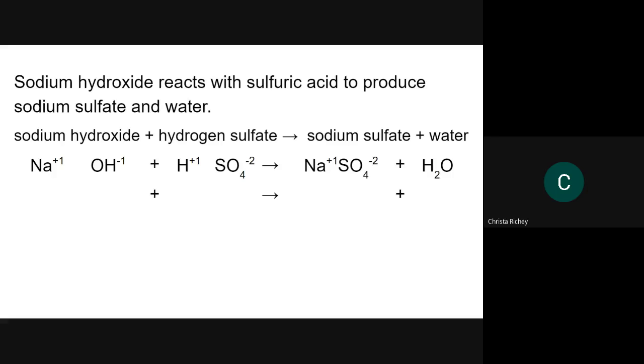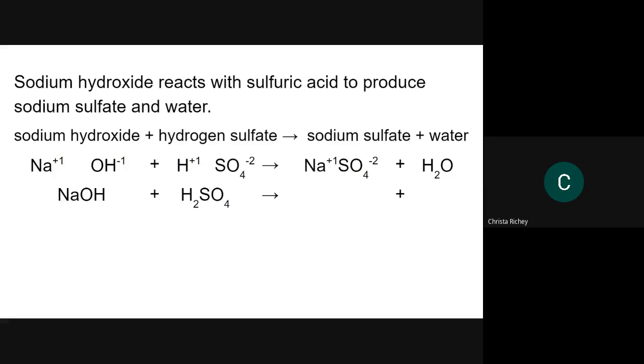Okay, build sodium hydroxide. Does it already add to 0? It is NaOH. Now the sulfuric acid, which I turned around and named hydrogen sulfate, what would this be? H2SO4.